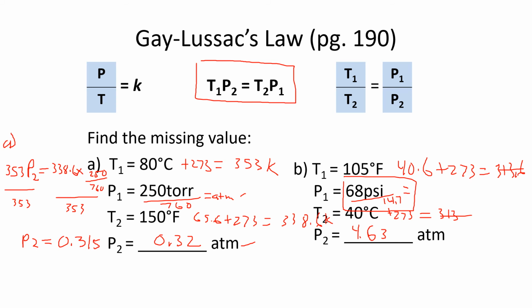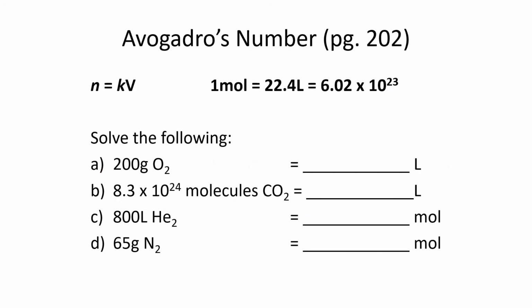Alright, one more gas law to use, and it's going to be the ideal gas law. Before we can use the ideal gas law, you have to understand that mole again. So here it comes up again. You guys know that 1 mole is 6.02 times 10 to the 23rd molecules.